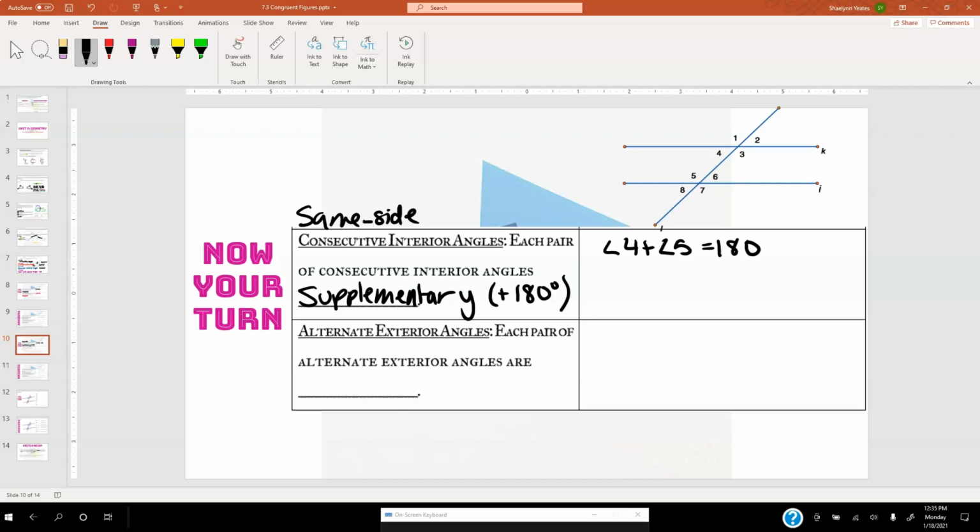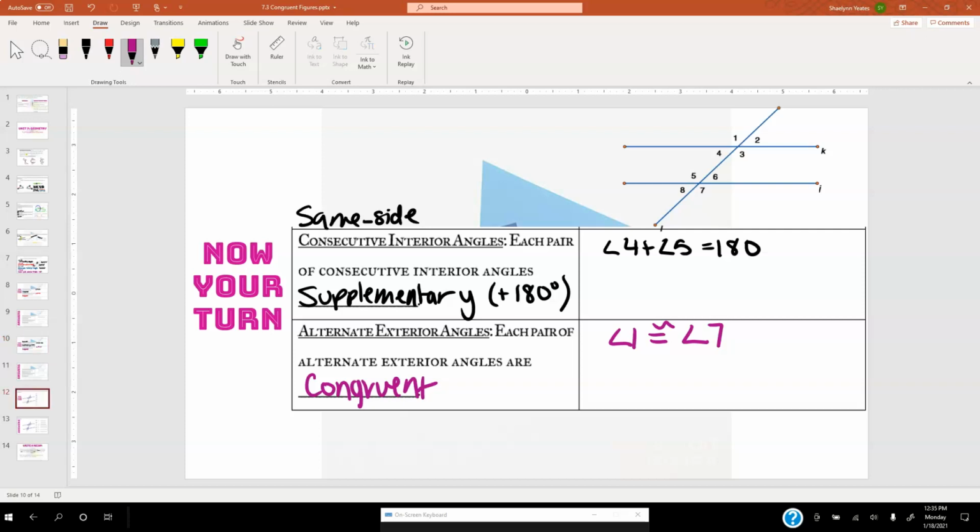I want you to list the other one. Then alternate exterior angles, we talked about this one. This would be like angle 1 and angle 7, and these are congruent. So angle 1 is congruent to angle 7. Find the other one.